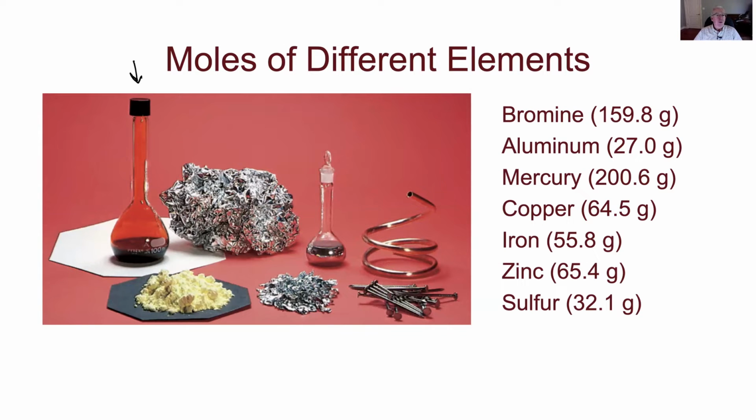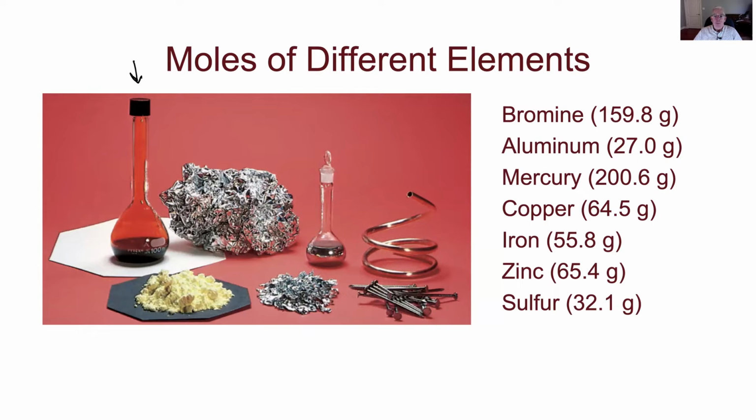From bromine we go to that large ball of aluminum foil, a flask with some mercury in it, a piece of copper tubing, some iron nails, a little bit of zinc, which looks like it's recently been melted from the appearance of it, and some sulfur sitting on the black surface at the bottom left. If you look up the atomic weights of all those things, they're all different. If you look at them, they're all different volumes.